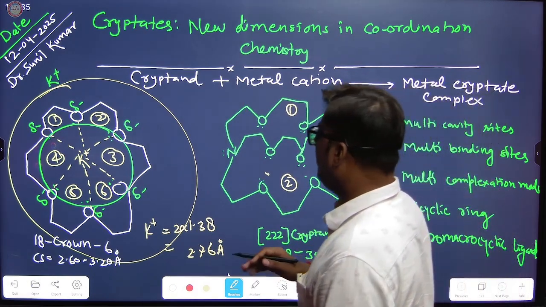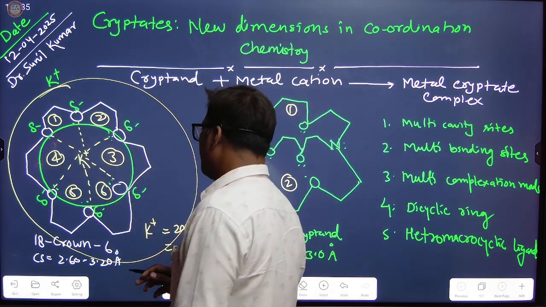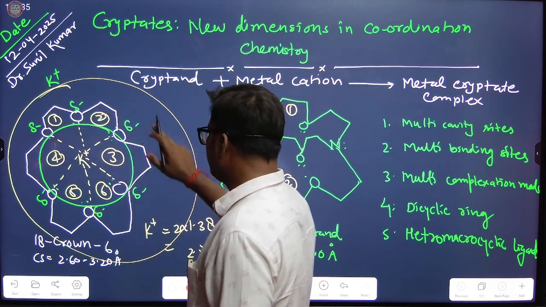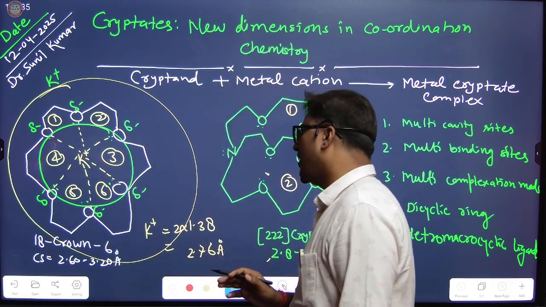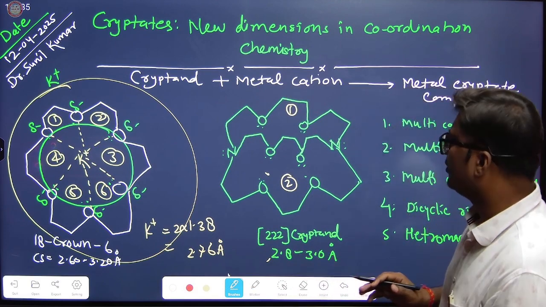The interior solvation shell is due to the electron-rich oxygen centers, and the exterior solvation shell is due to the presence of hydrocarbons as hydrophobic sites, right?